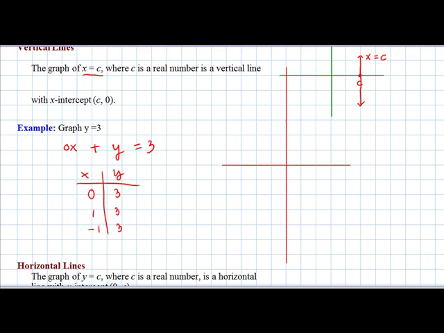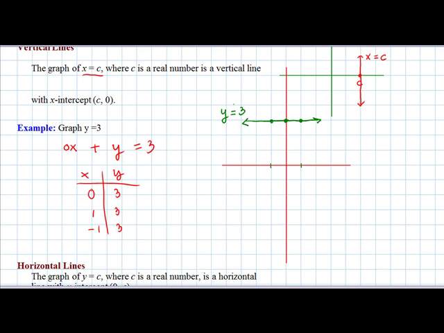So right here. When x equals 1, y is 3. Right here. When x equals minus 1, over here, y equals 3. So in this case, when you join all the points together, you have the horizontal line. This is y equals 3.